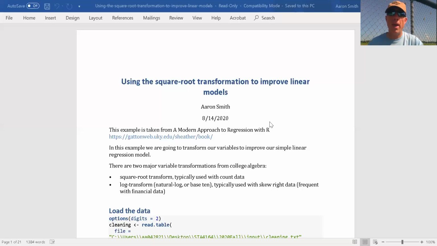Now, if I want to be able to do hypothesis testing or confidence intervals on my coefficients, or hypothesis testing from that F-test, or anytime I'm going to want to use a p-value, which has an assumed probability distribution, I need to have other assumptions. The one that we're going to be concerned about today is constant variance of residuals.